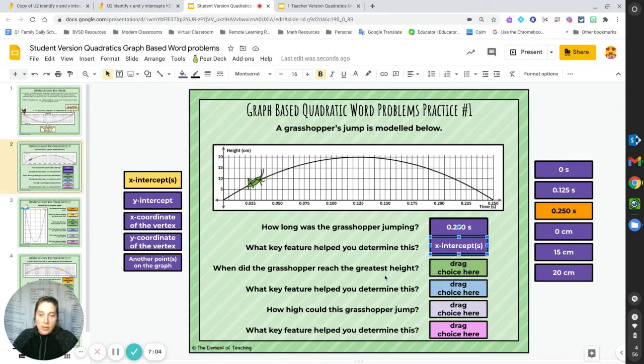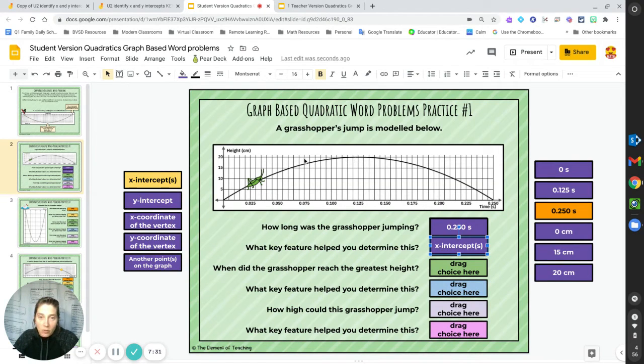When did the grasshopper reach the greatest height? So the greatest height would be right here. What is that point called in a parabola or a curve? We've called it a turning point. It is also called the vertex. And when we're looking at the greatest height, this is the time at which we got to that height.